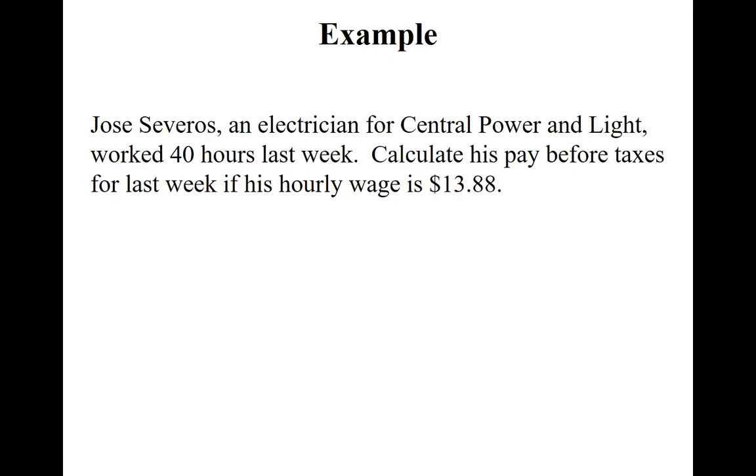And now for something completely different. Jose Severos, an electrician for Central Power and Light, worked 40 hours last week. Calculate his pay before taxes for last week if his hourly wage is $13.88. So $13.88 per hour for 40 hours. That's multiplication.